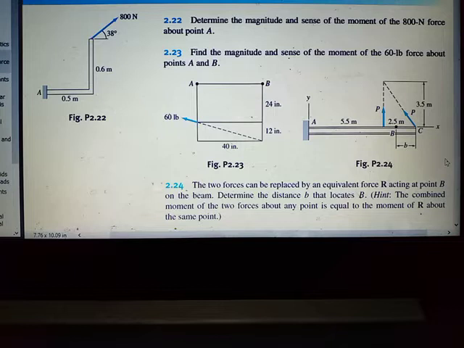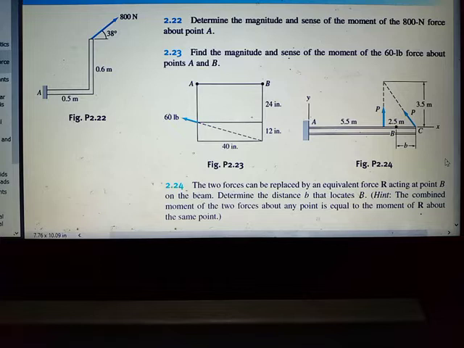Please be reminded that the moment is equivalent to the force multiplied by its perpendicular distance to a certain point. For example, M of A is equivalent to the force multiplied by its perpendicular distance to A, whatever its form.